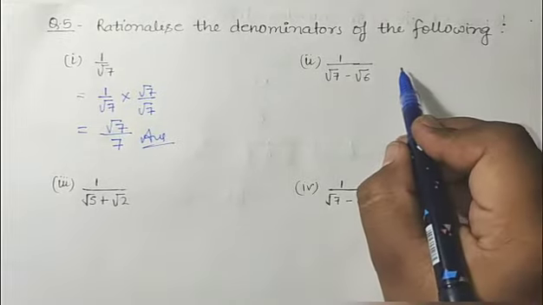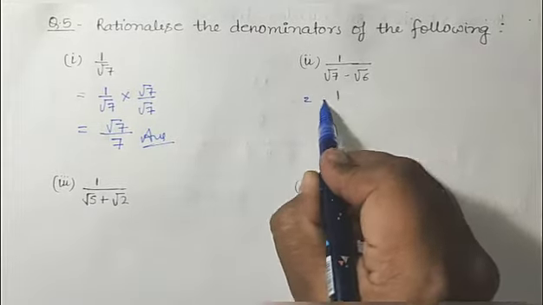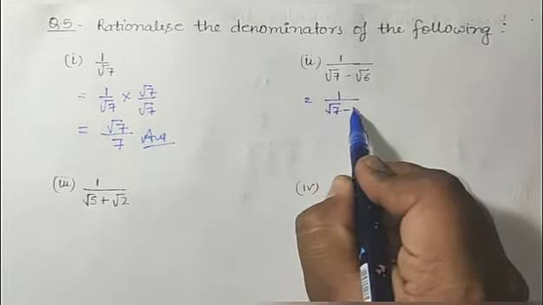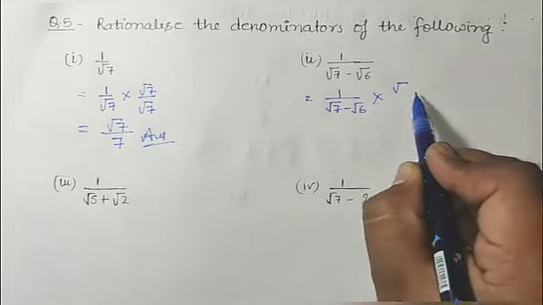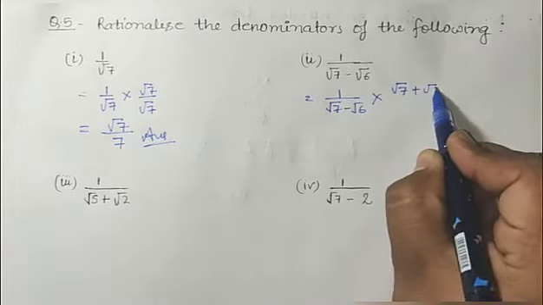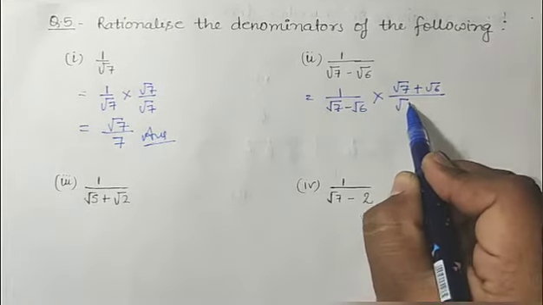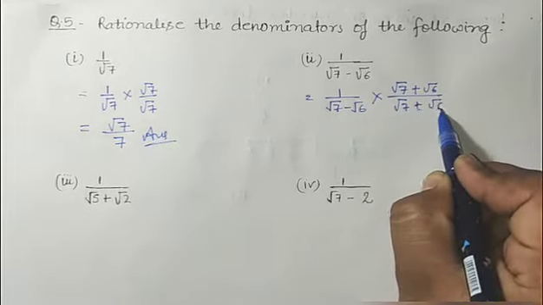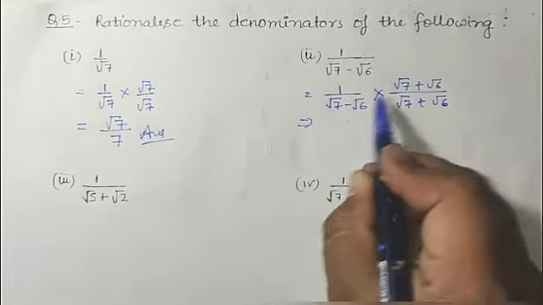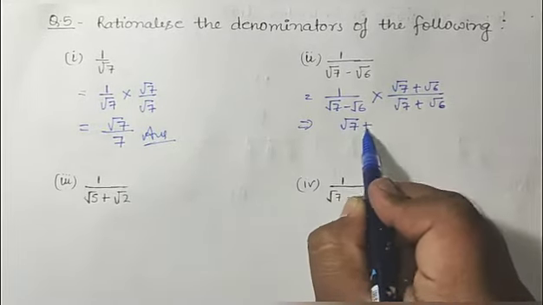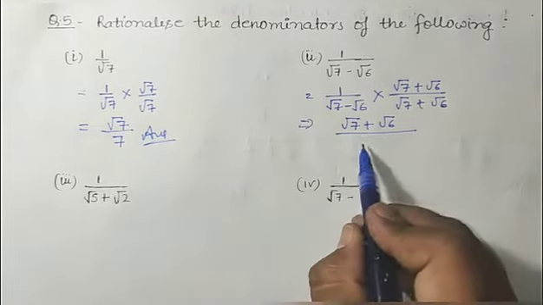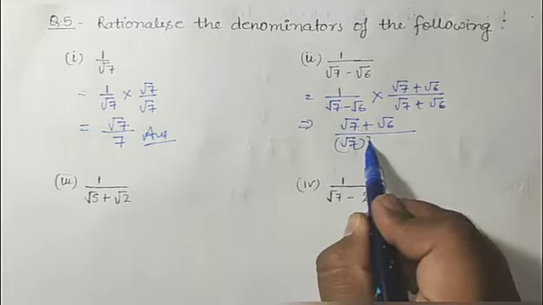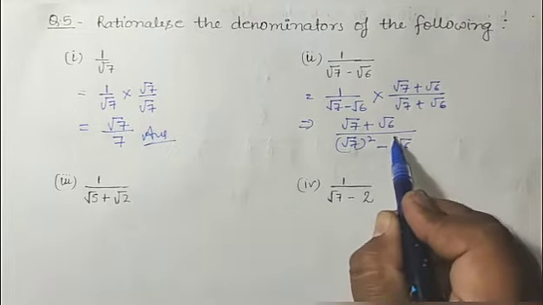For the second part, your question is 1 upon under root 7 minus under root 6. So you should multiply by the opposite sign, under root 7 plus under root 6, in the numerator as well as in the denominator. In the numerator directly you will get under root 7 plus under root 6, and in the denominator, a minus b, a plus b, you will get under root 7 whole square minus under root 6 whole square.